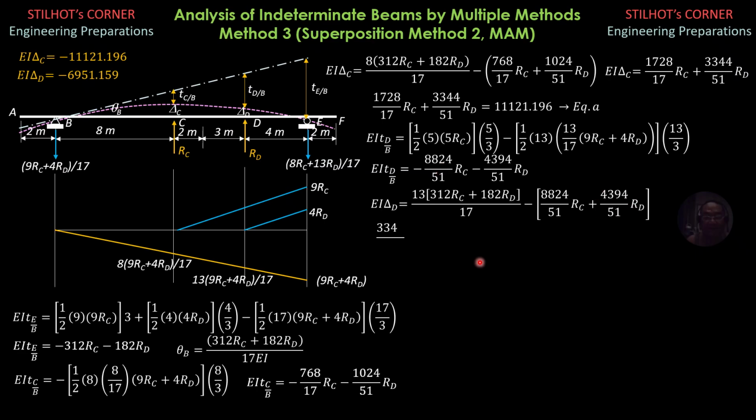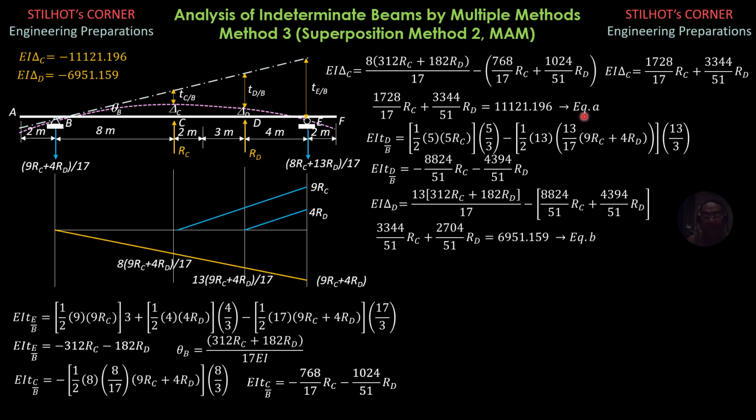Simplifying and combining, that's 3344 over 51 RC plus 2704 over 51 RD equals the positive value of theta D, because this is positive. So we equate it to positive value.